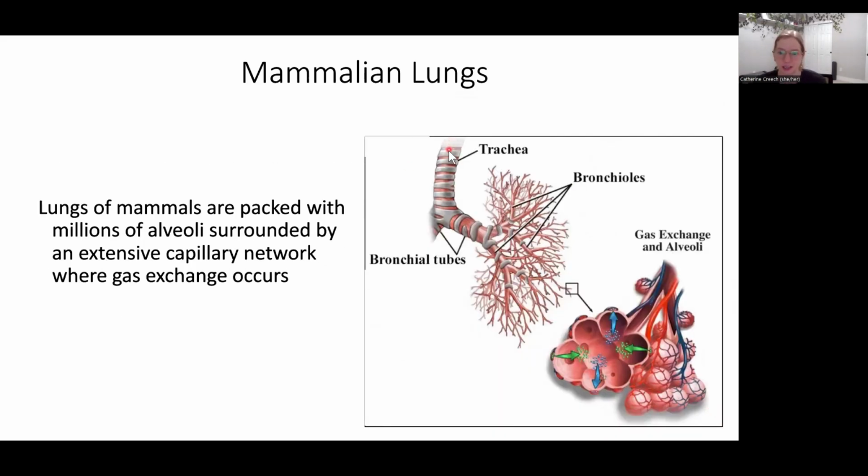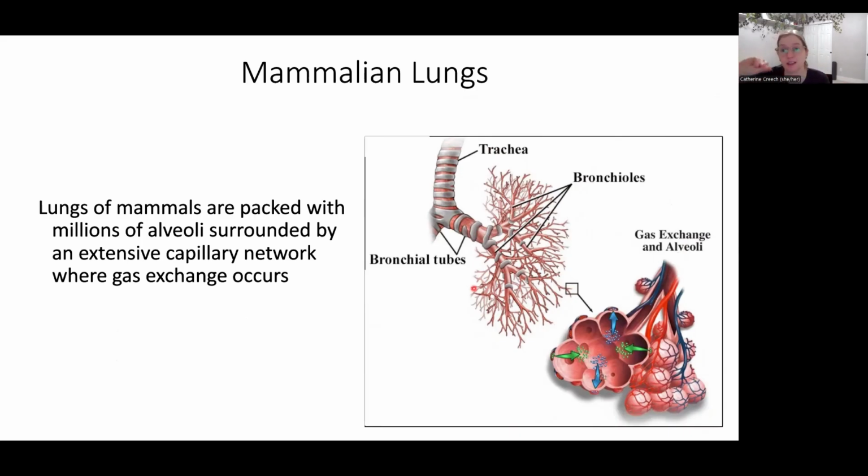Here is our trachea extending to our bronchi, and then our bronchi branch into bronchioles. At the ends of these bronchioles, where it's not really being shown here, are alveoli. So this is a bronchiole, this is a bronchiole. And then attached to the end of all of these bronchioles, there would be sacs of membrane. Now this membrane is made of simple squamous epithelium.